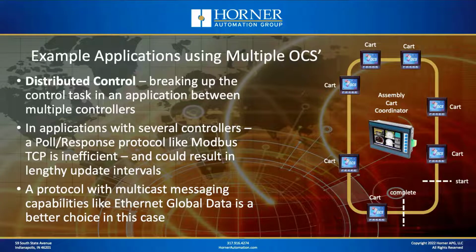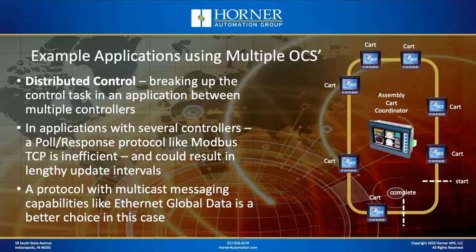An example we've used before when we've talked about Ethernet Global Data, which is another Ethernet protocol, is the example shown graphically on the right, where we have an assembly line with individual assembly carts, each controlled by an XL4, and there are multiple carts. They're all being coordinated with a single coordinating unit, which in this example on the screen is an XL7.